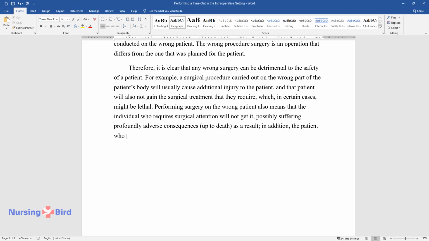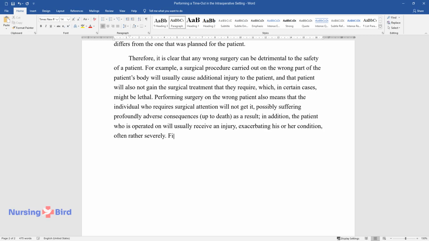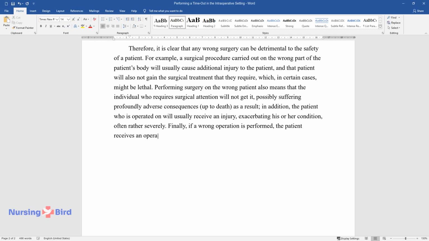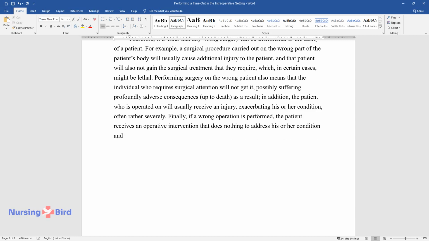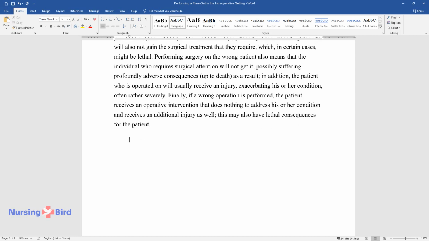In addition, the patient who is operated on will usually receive an injury, exacerbating his or her condition, often rather severely. Finally, if a wrong operation is performed, the patient receives an operative intervention that does nothing to address his or her condition and receives an additional injury as well. This may also have lethal consequences for the patient.